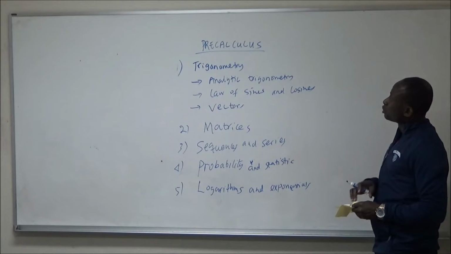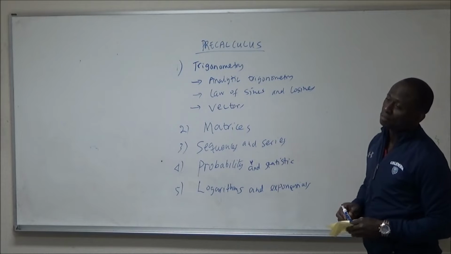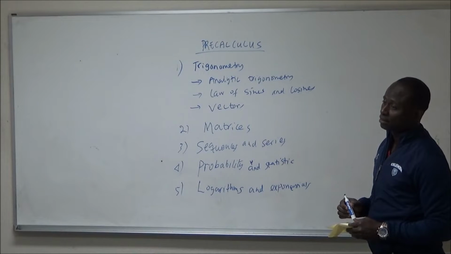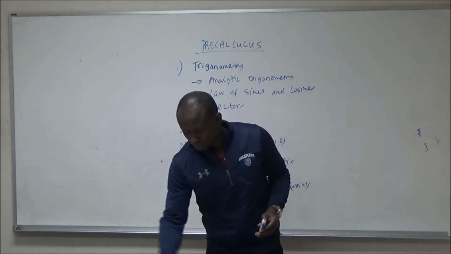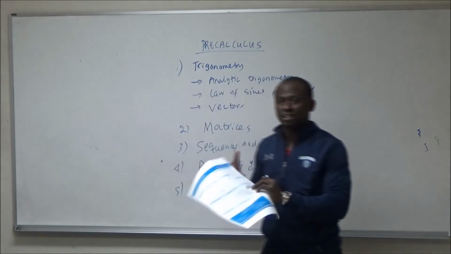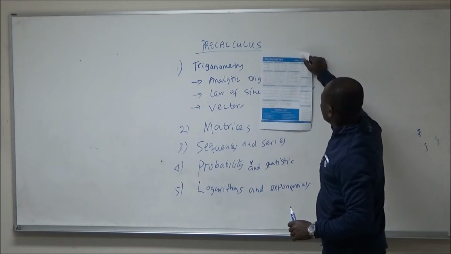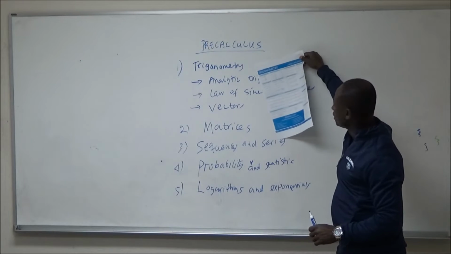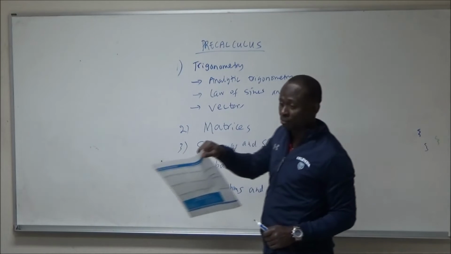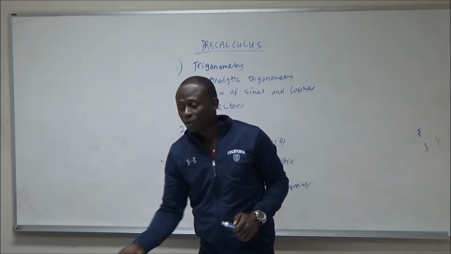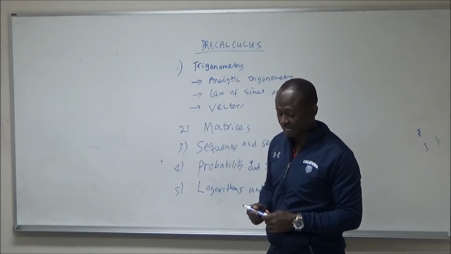I want to devote most of today's session to trig identities. Okay. And that's why I have this sheet here that basically summarizes most of the trig functions and trig laws. I would also provide a sheet that has some problems that we're going to start looking at right now on these trig identities.